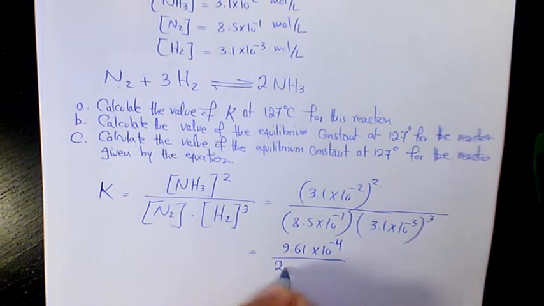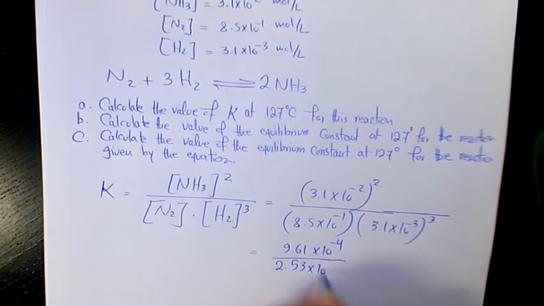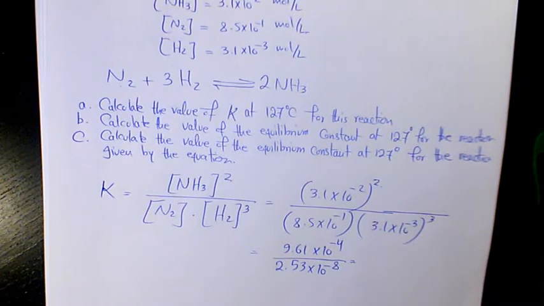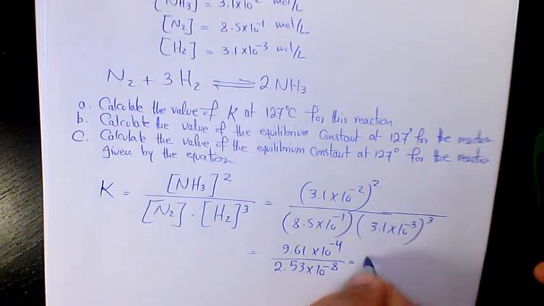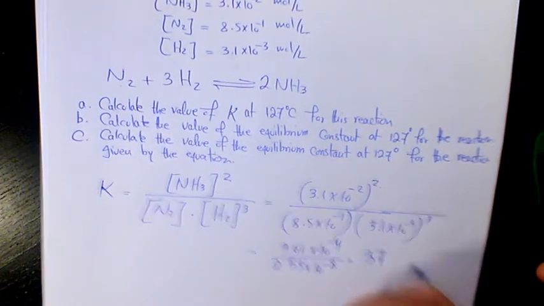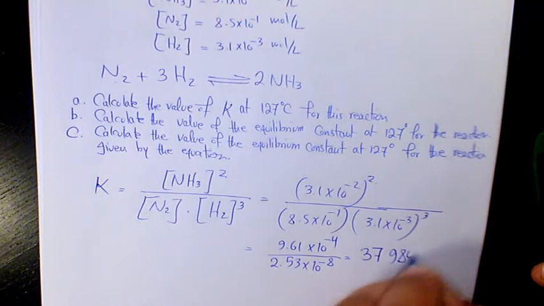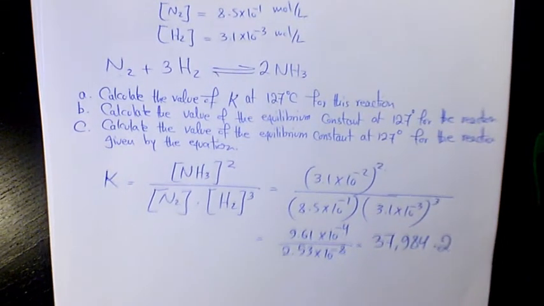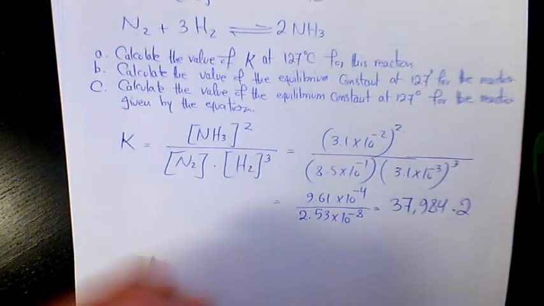That's going to be 2.53 times 10 to the power of negative 8. So we have 9.61 times 10 to the power of negative 4 divided by 2.53 times 10 to the power of negative 8. That's going to give me 37,984.2. So that's going to be the K value for this reaction.